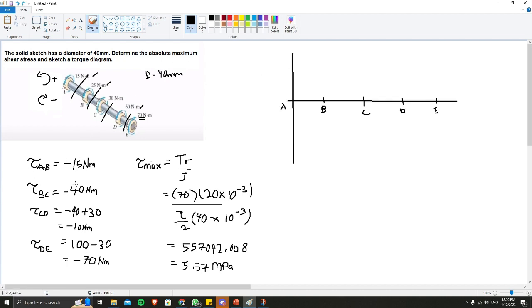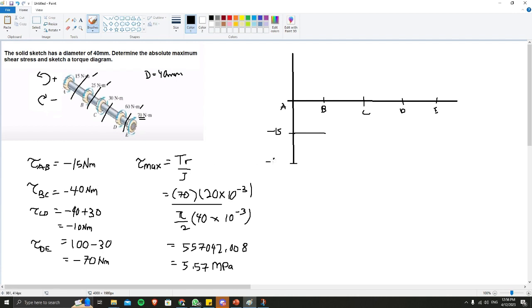Okay, next one is for the torque diagram. Given that we already found the torque for each cutout, we can just follow the values here. So starting from A is negative 15, so our point will be around here.